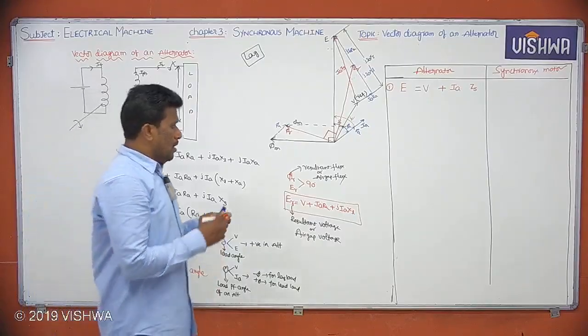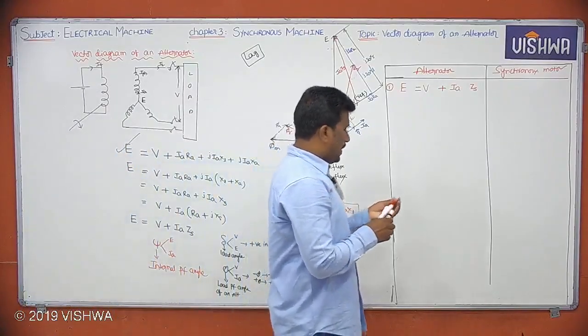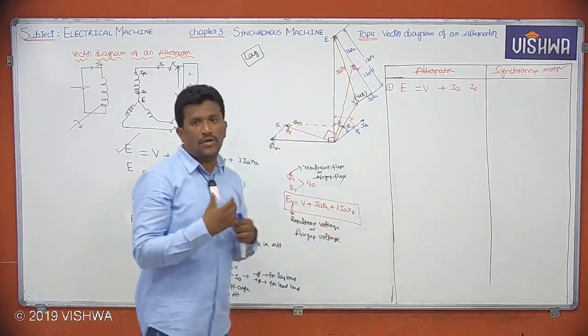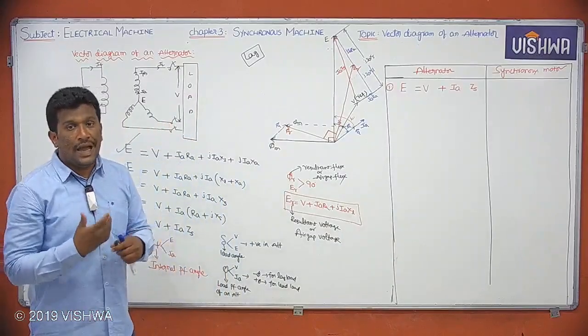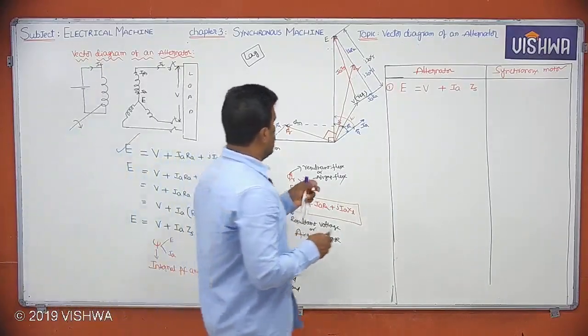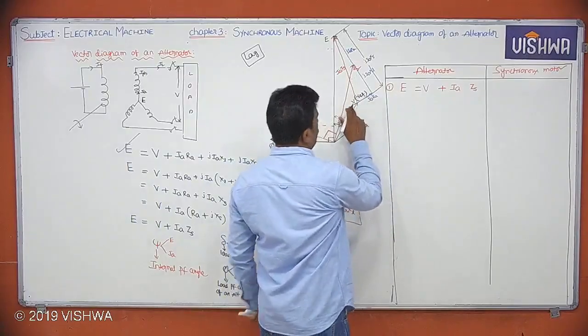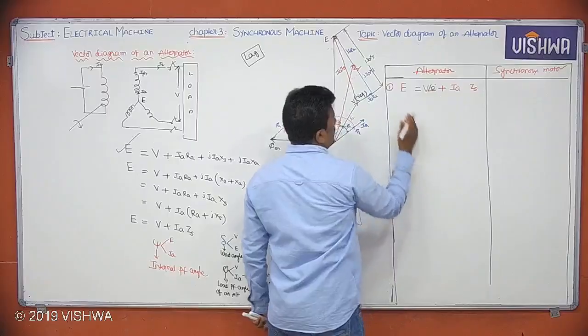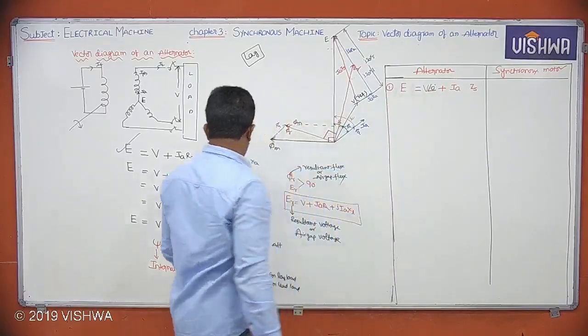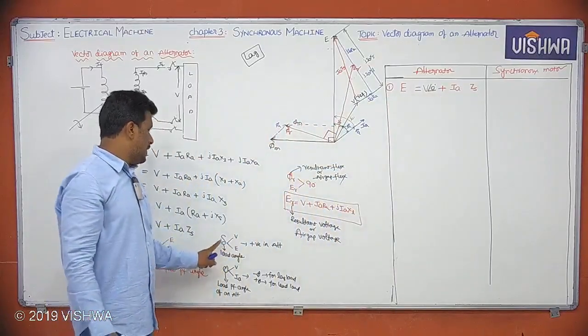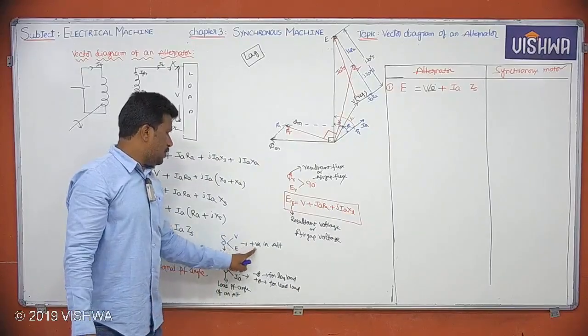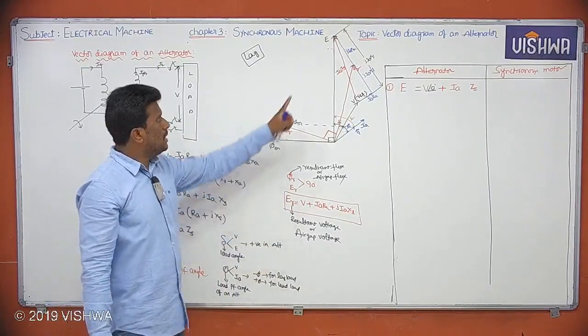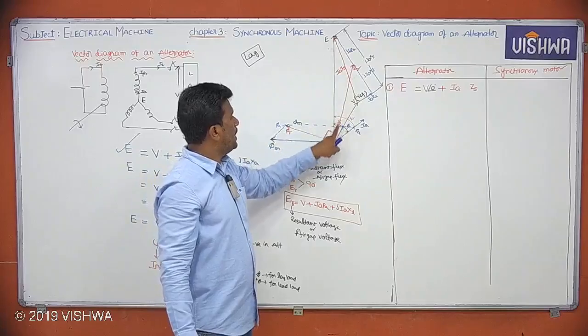Okay. But I need the formula in terms of angles. Which is the reference vector for us here? V at 0. Tell me E. I told you already, the angle between V and E is nothing but delta. That delta is positive in an alternator because E is leading V by delta angle.